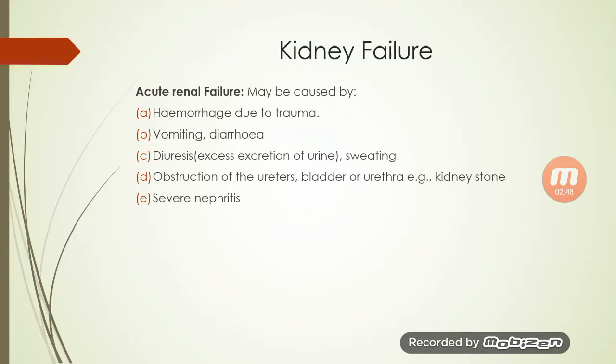Now if we talk about the causes of acute renal failure, it is caused by hemorrhage due to trauma. Any shock can cause hemorrhage or breakage of the nerves in the brain that are directly linked to the kidney and its functioning, or of some vessels that are connected to the kidneys.